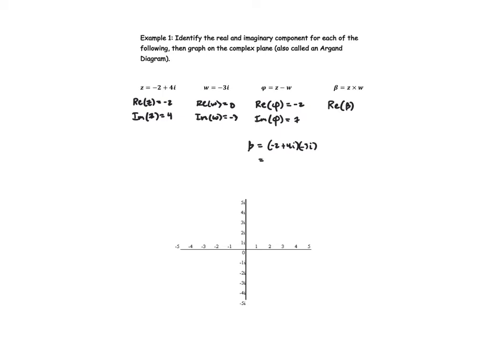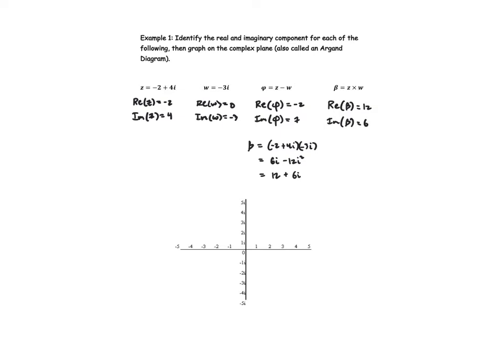What I have as a result would be a positive 6i minus a 12i squared. Now notice how the imaginary component is attached to the i, and i squared is -1, therefore -12 times -1 is a positive 12. So the real portion of beta is 12, and the imaginary portion of beta is 6.